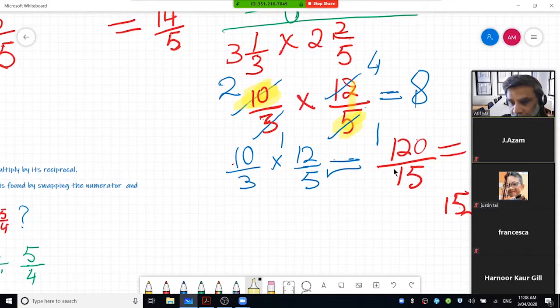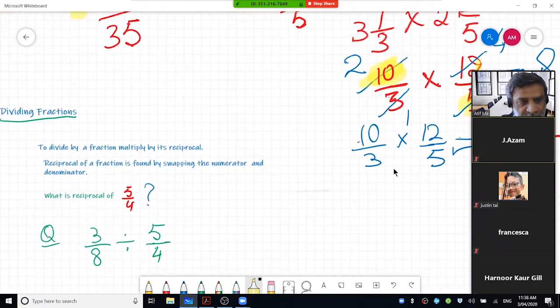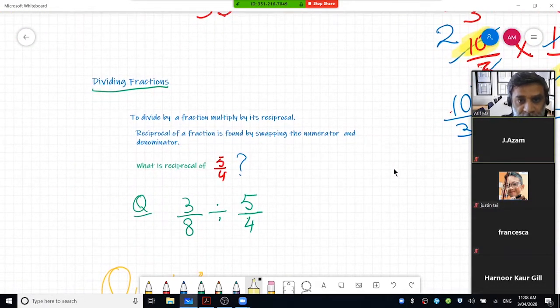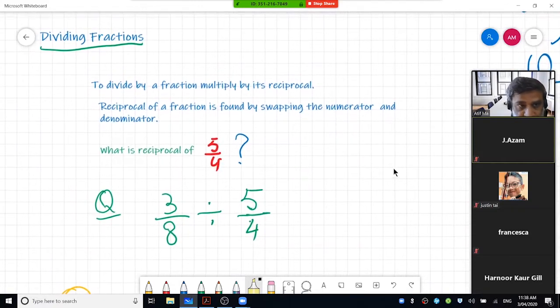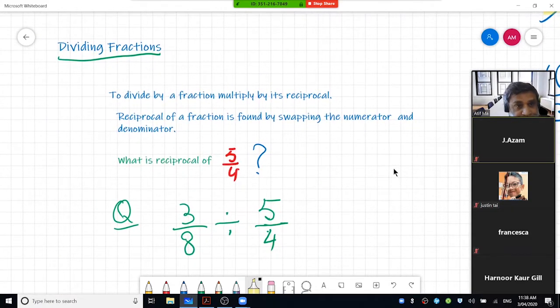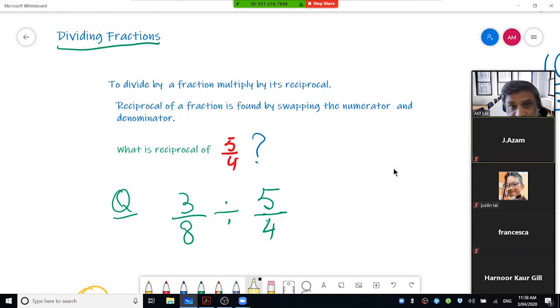Okay, we are getting short on time, therefore we would move to the next part, and you would help me with this. We would do dividing fractions. We have done multiplication, where we multiplied the numerators together and the denominators together.